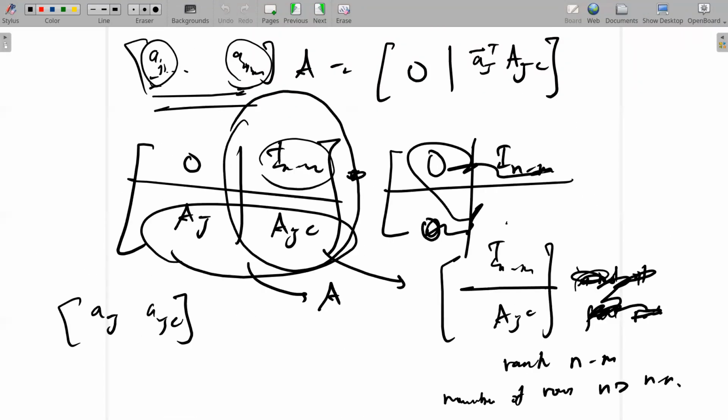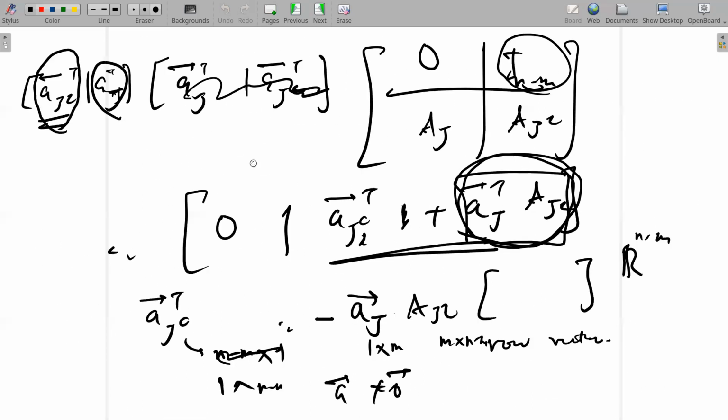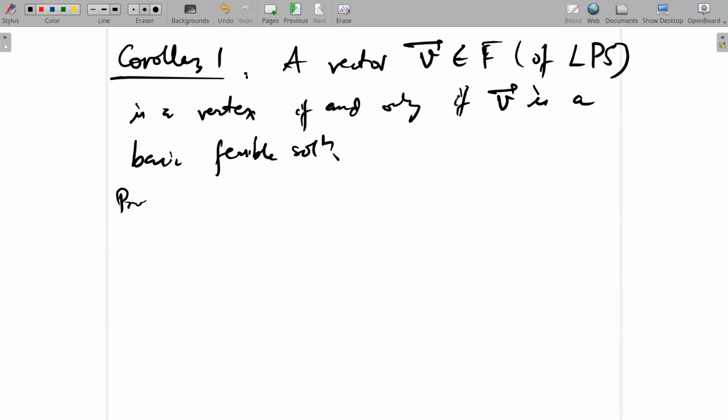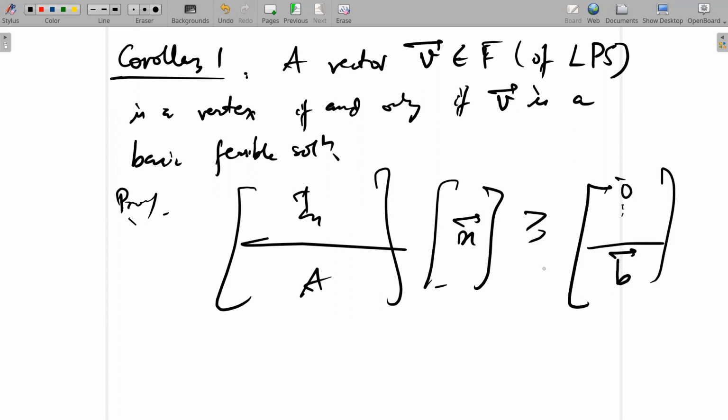So what is a vertex? You have to look at this polyhedron. So, proof. Essentially we have In times x bigger than or equal to 0, if I'm looking at just the sign constraints, and here it is equal to B, minus B, let's say.